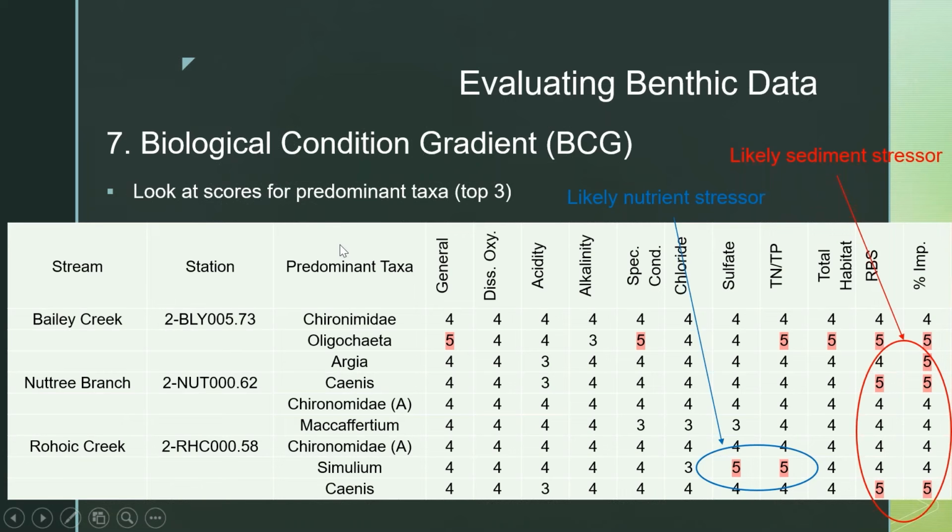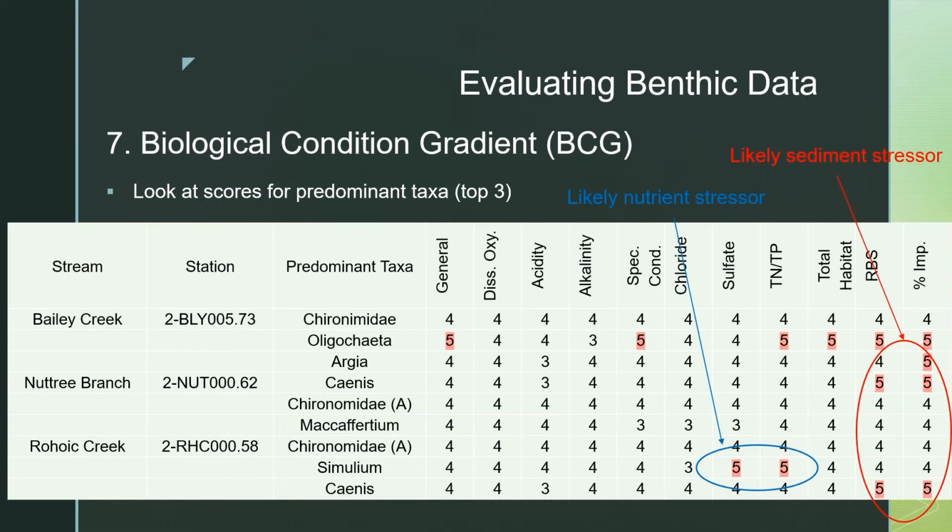If we look across the different parameters, where do we see scores of 5? Those scores of 5 tell us that taxa is likely to be in high numbers under the conditions of this stressor, because they're very tolerant to it, whereas less tolerant species will decrease in prevalence.